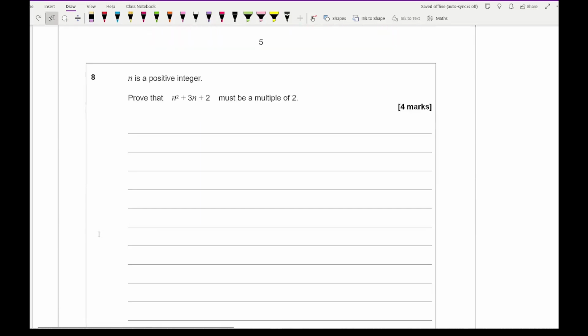Moving on to question 8, it says n is a positive integer. Prove that n squared plus 3n plus 2 must be a multiple of 2. So for this, we can just do this by explanation.